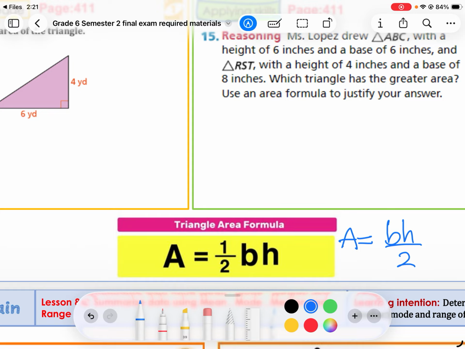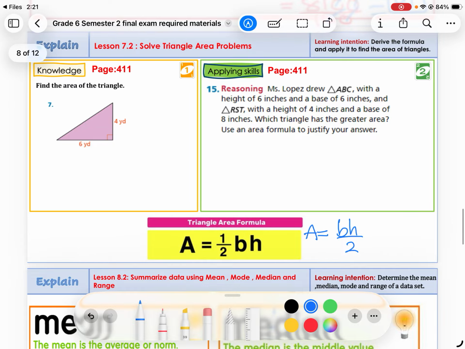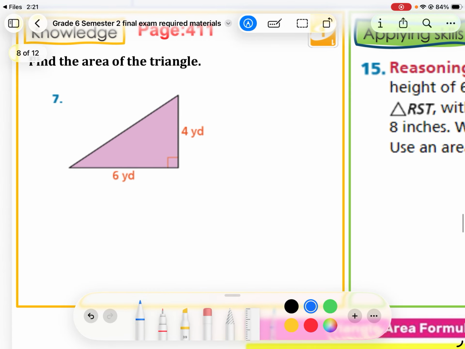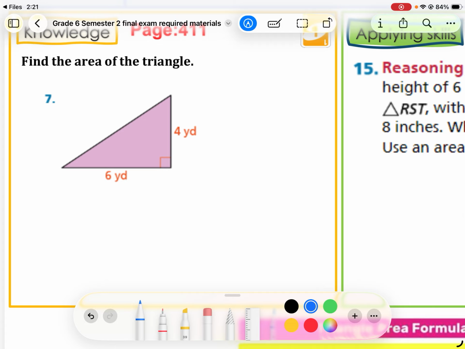So you multiply the base and the height and then divide by 2, or you multiply with half. Like I said, multiplying with half is the same as dividing by 2. So let's move on to the first question and find the area of the triangle.